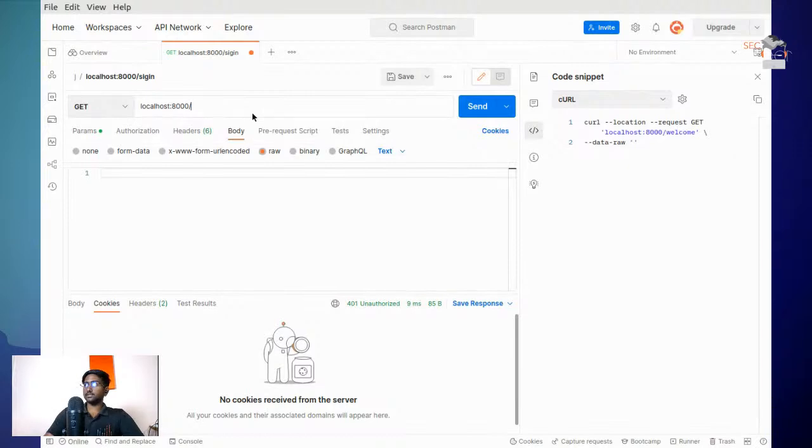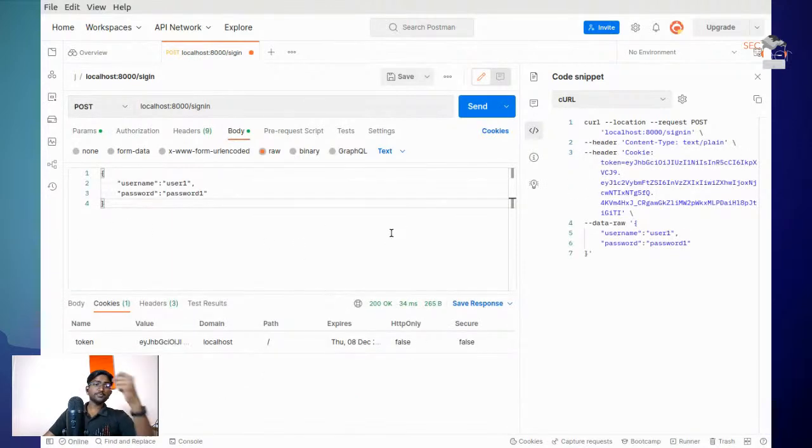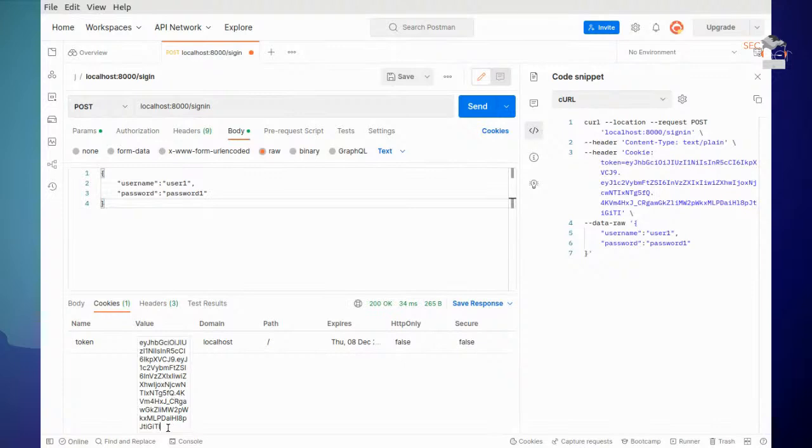However, if I were to sign in, there you go. So as you can see, it is responding back with a token value, and this is a JWT token, a JSON web token that contains information about the client, which is me.